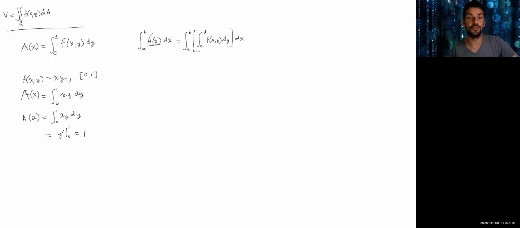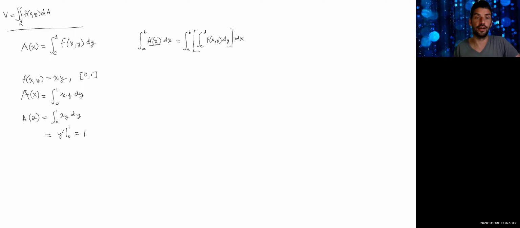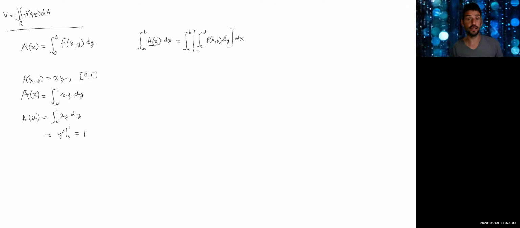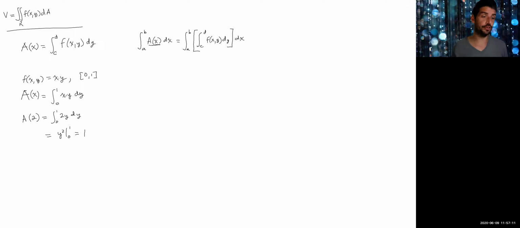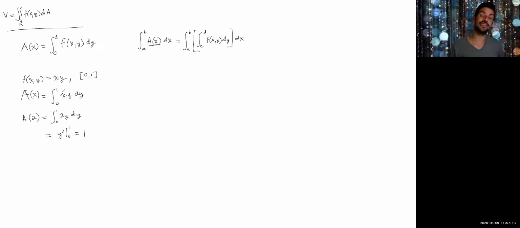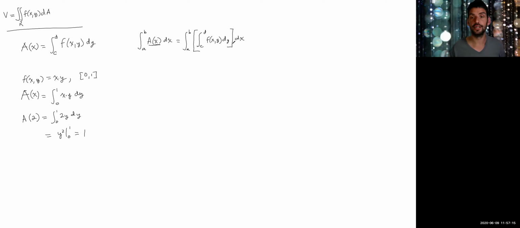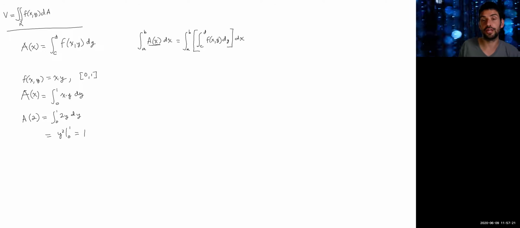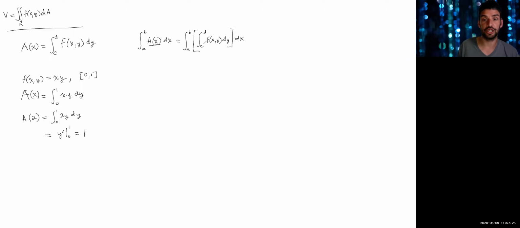It's saying, well, to evaluate this integral over this function A, you take the integral of f of xy with respect to y, right? Just like we did over here, you could evaluate this because x itself is a constant with respect to y, right? So we integrate over y, then we get an expression in x that we can then integrate with respect to x.